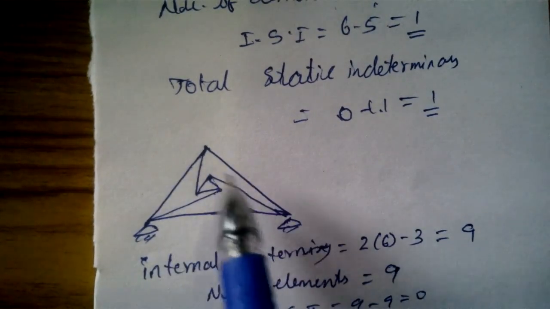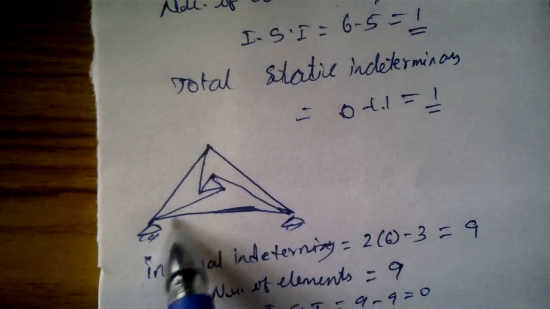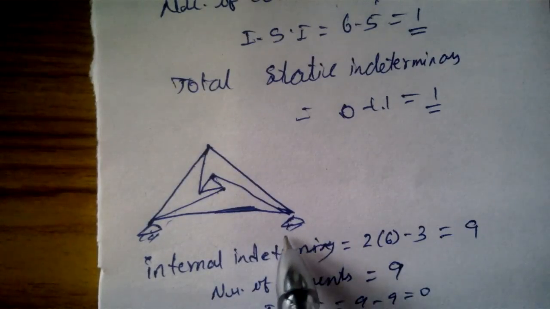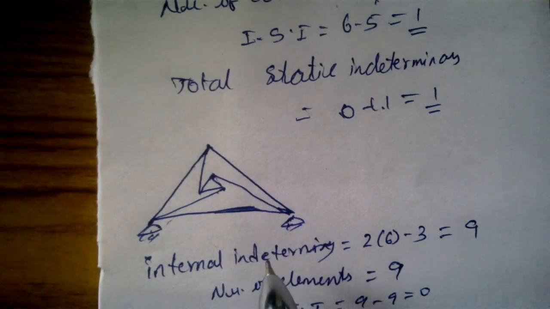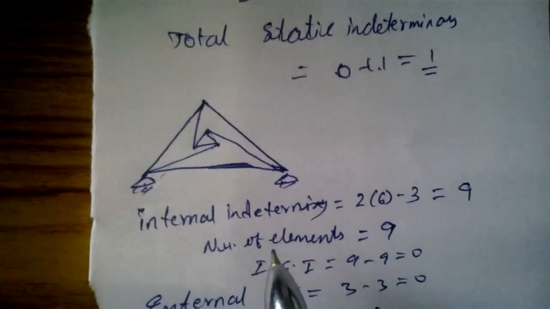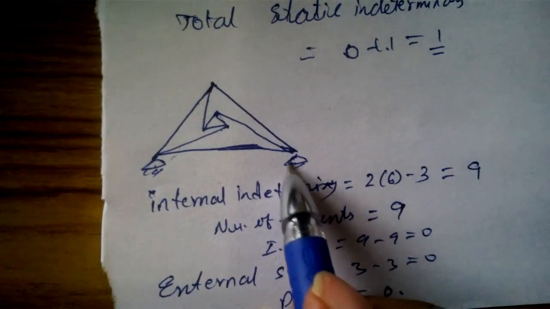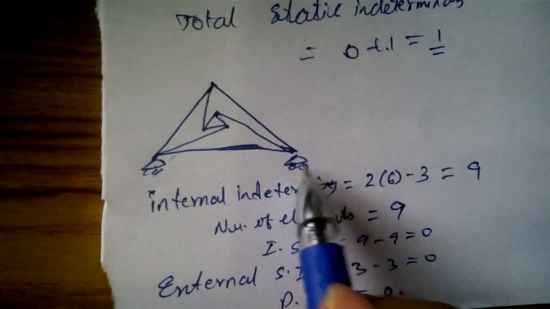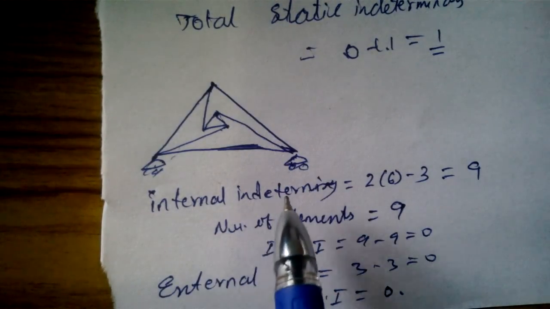This is a simple truss with pin joints. This is a roller. First we will find the internal indeterminacy.